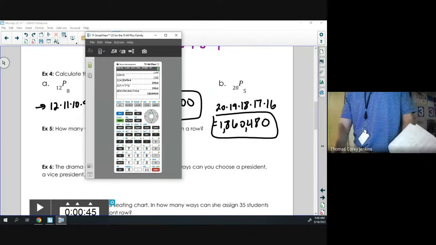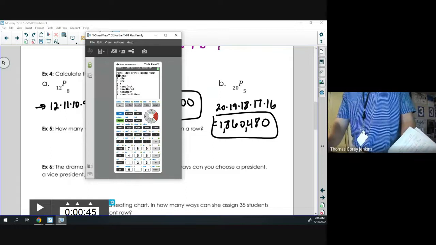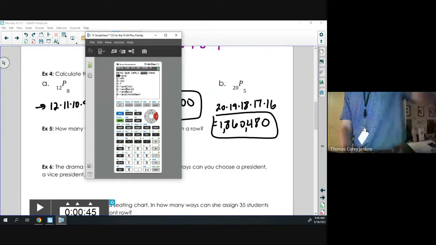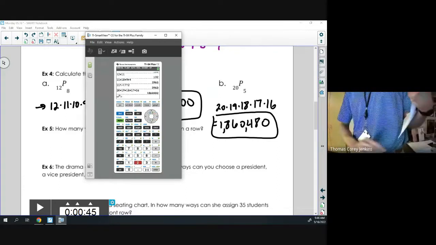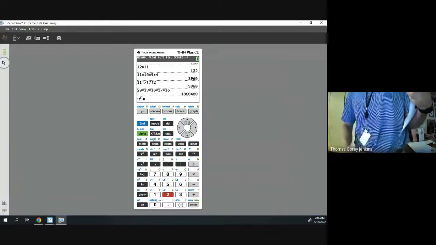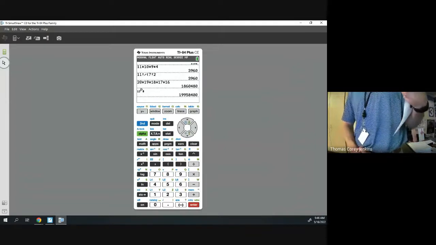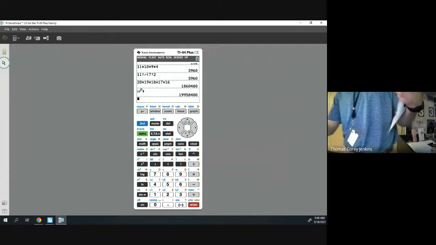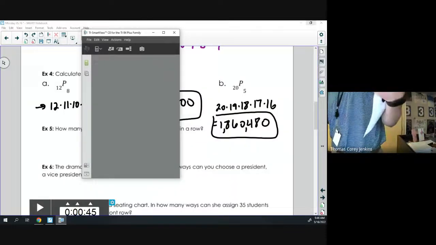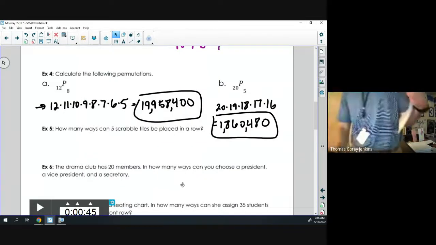Type the 12 first, then go to math, over to probability, and choose option 2, nPr. Then type in the 8, and we get the same number we got when we typed it in the other way. So there's a shortcut there.